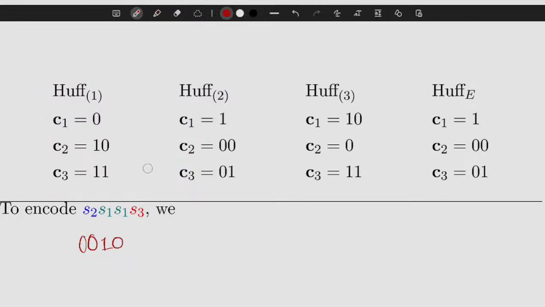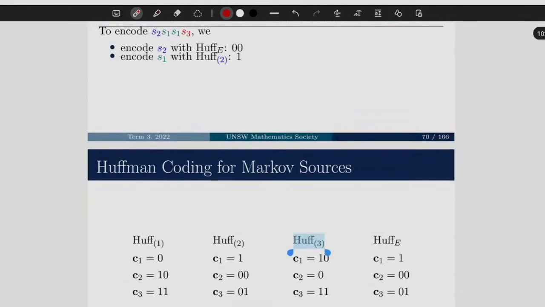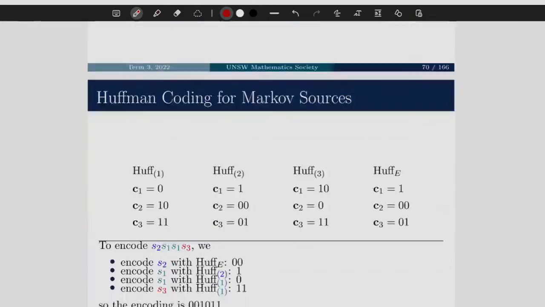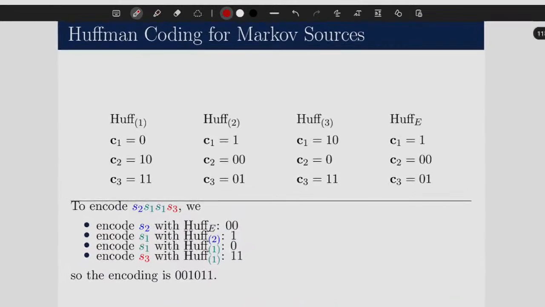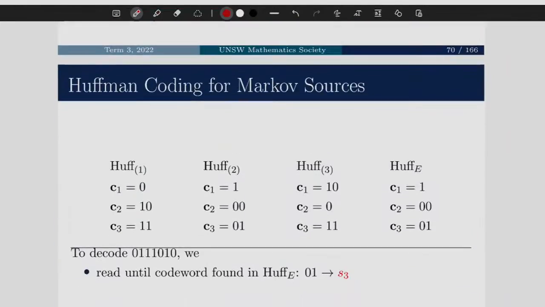And then S3, that has occurred after S1. Again, that's looking at Huffman 1, and S3 is 1, 1. And that should be our encoding there. So make sure you're looking at the previous relevant Huffman.